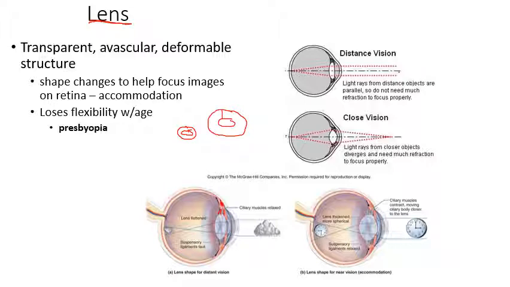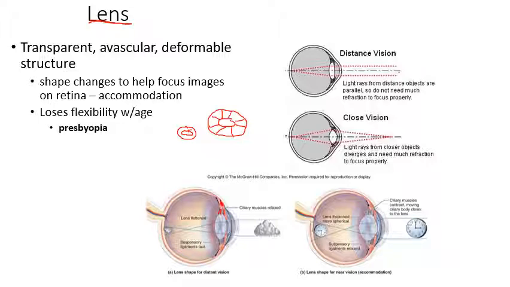These ligaments here. The lens is flexible. It is elastic. It can be stretched, but then it bounces back. So it is elastic in structure, so we can change the shape of it.